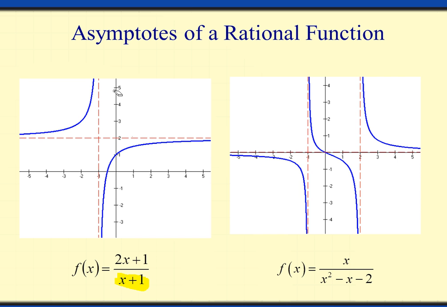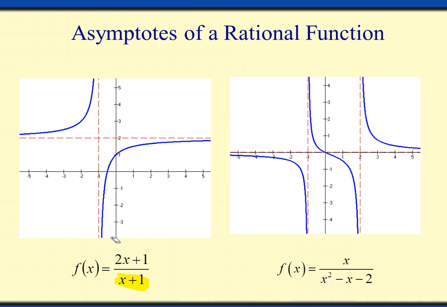And that's why we see that this graph is not ever going to go across that vertical line. But when x gets real close to negative 1, like if x was negative 0.9, then this denominator would be very small, wouldn't it?